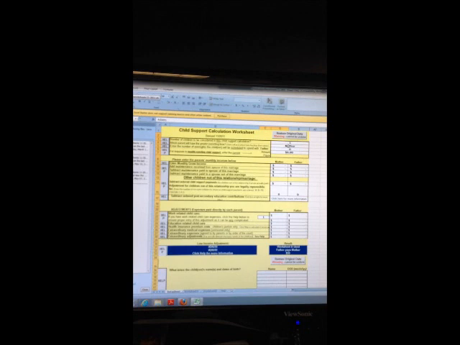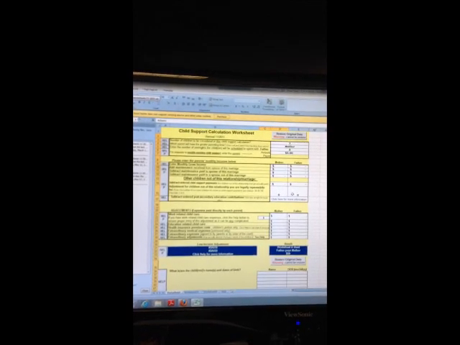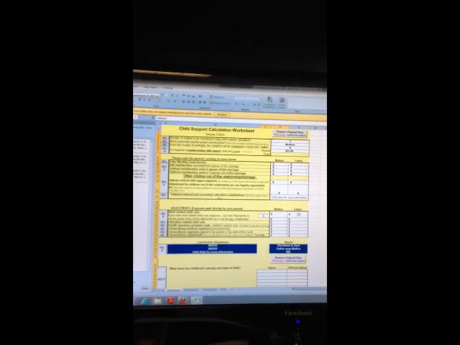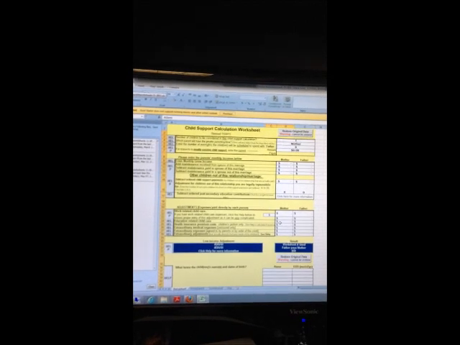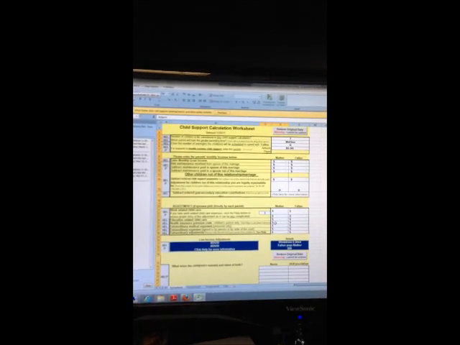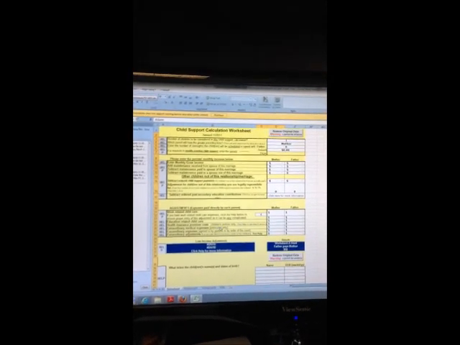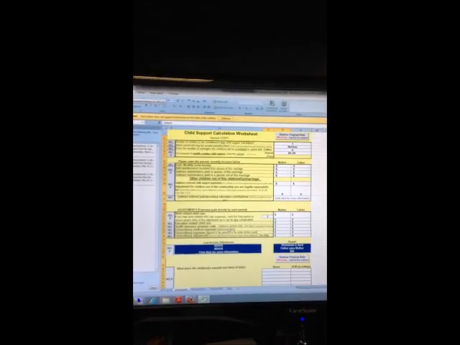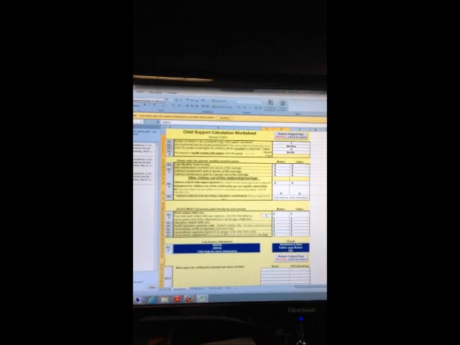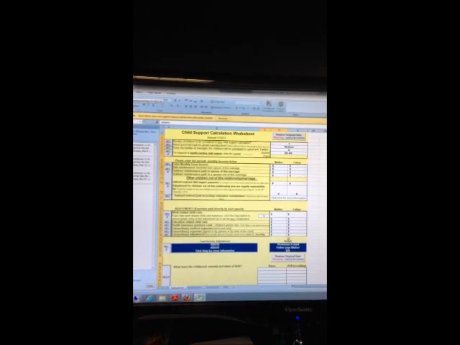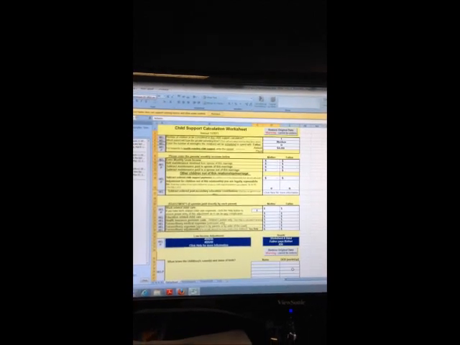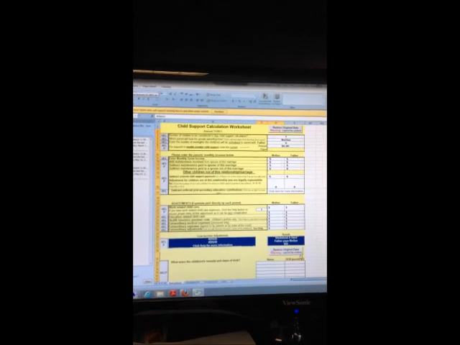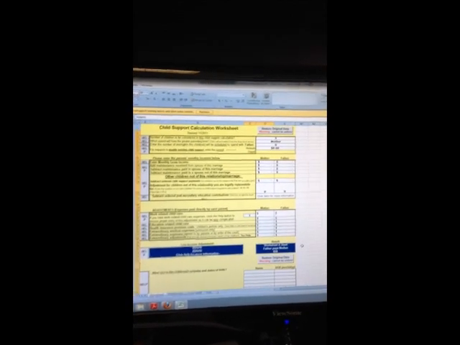So if you put it in here, they don't go here. Then work-related child care, if any, education-related child care, if any, health insurance premium costs, if any, extraordinary medical expenses, those would be therapy or some ongoing reoccurring medical expense, or any extraordinary other expenses would go in here. You put in the amount, you hit enter, and the child support calculations tell you what you would pay.